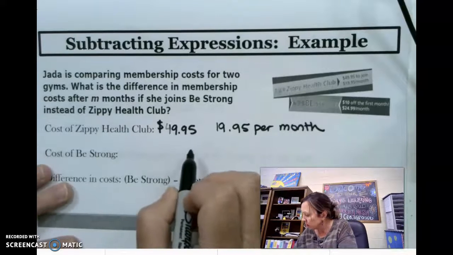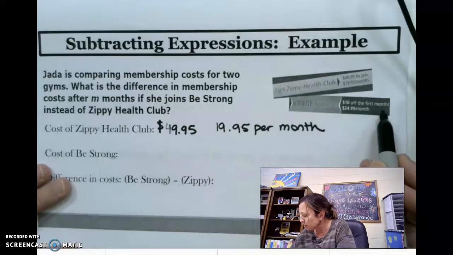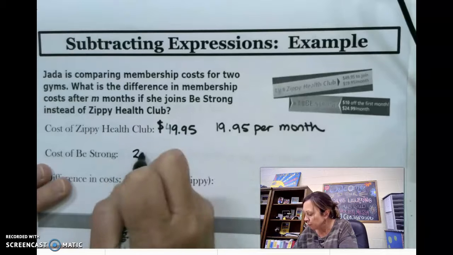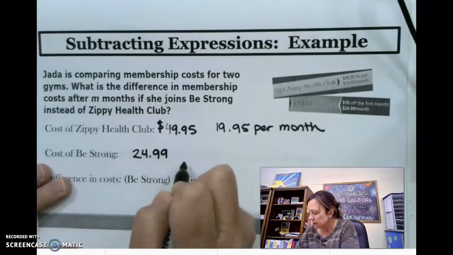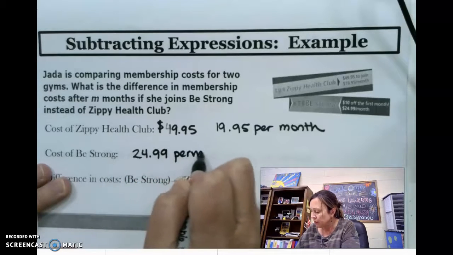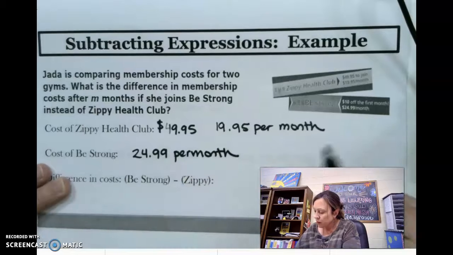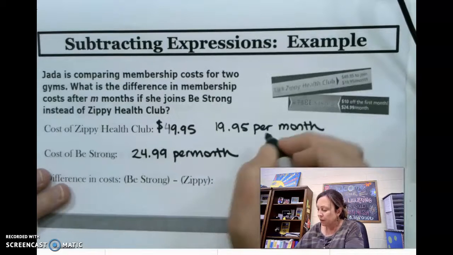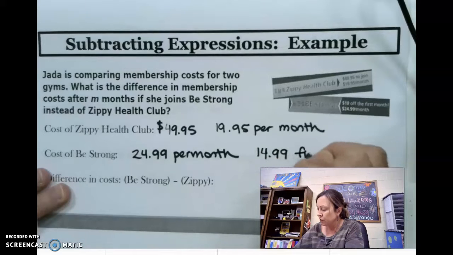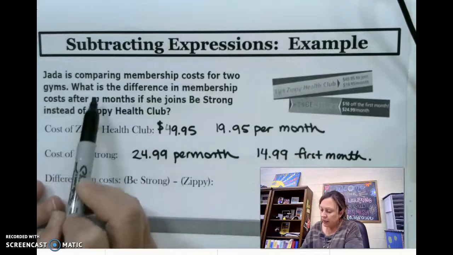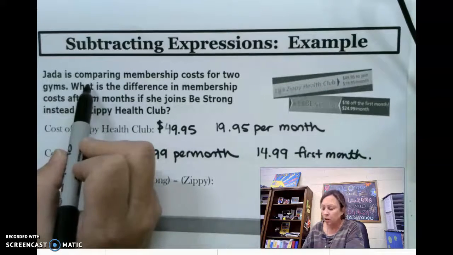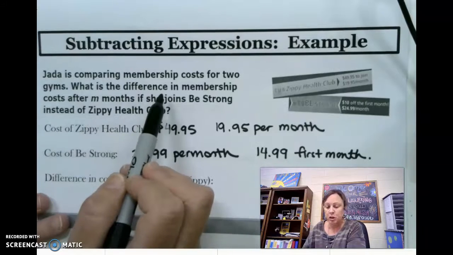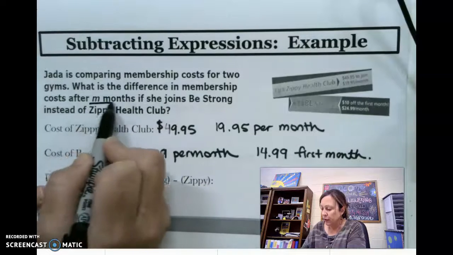For Be Strong, it's $10 off the first month and $24.99 per month. So what does that mean about if it is $10 off the first month? That means that it would be $14.99 for the first month.